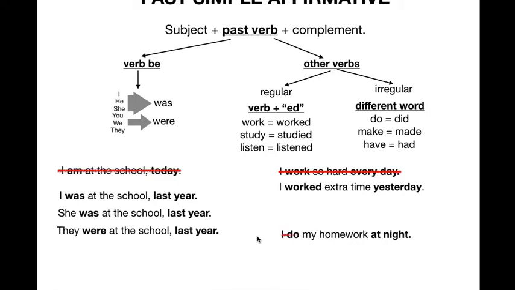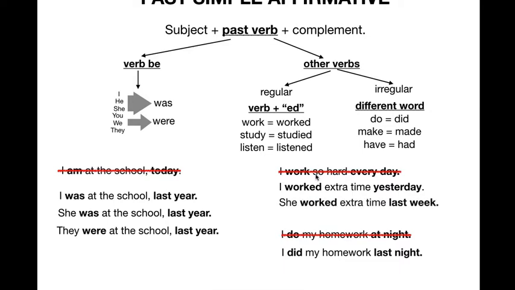That is present. So if you want to say it in past, I did my homework. This is not with ed. It's a different word. You have to memorize the irregular verbs, okay? But don't get stressed about it. You can do it little by little, slowly.